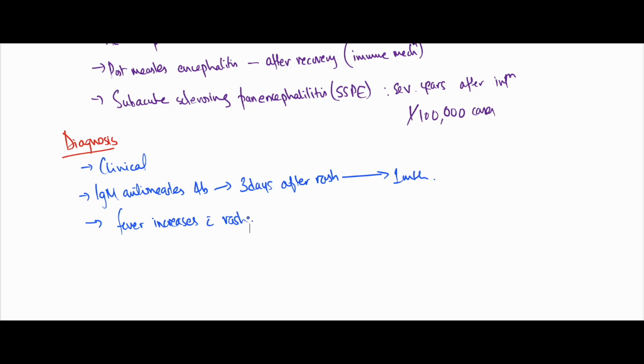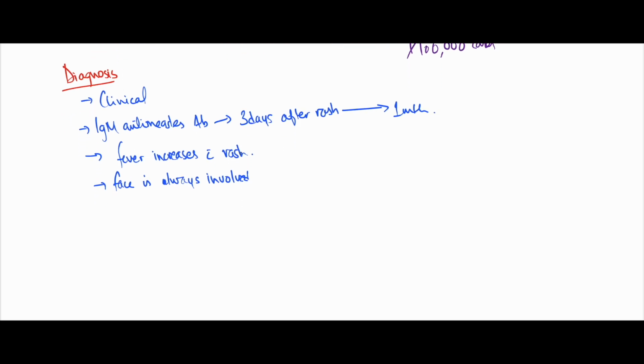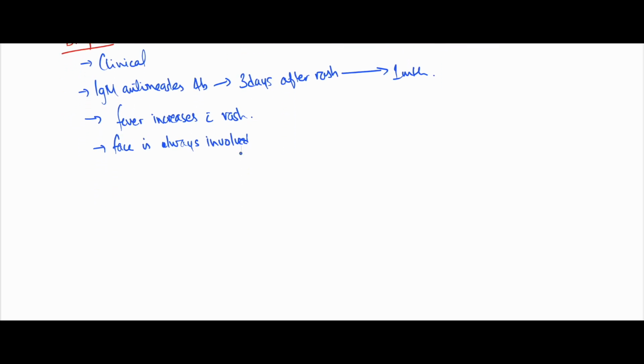In rickettsial infection, the face is spared, while the face is always involved in measles. In meningococcemia, the upper respiratory symptoms are absent and the rash rapidly becomes petechial.